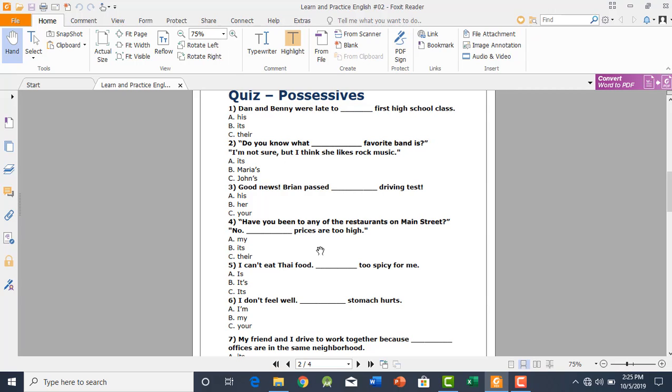No. Dash prices are too high. So we clearly see that they're talking about restaurants. There are more than one restaurant, so a plural word is used, so we should use their in this particular blank. So in the same way, you have to solve all these blanks and the answers of all these questions and the overall quiz.